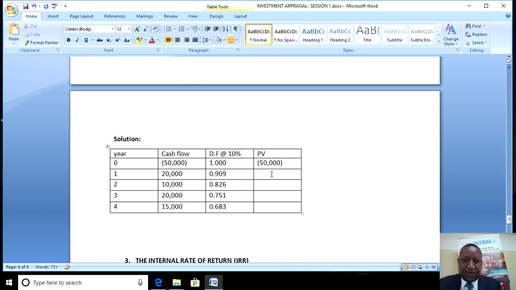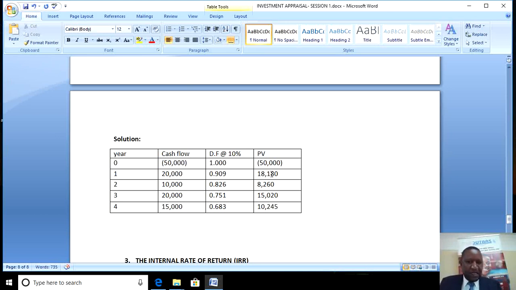So 20,000 multiplied by 0.909, you should get 18,180. 10,000 by that, you should get 8,260. 20,000 by 0.751, you should get 15,020. The last one, 15,000 by 0.683, you should get 10,245.